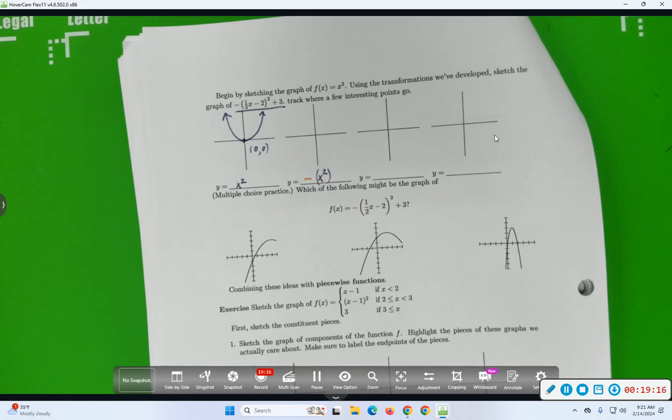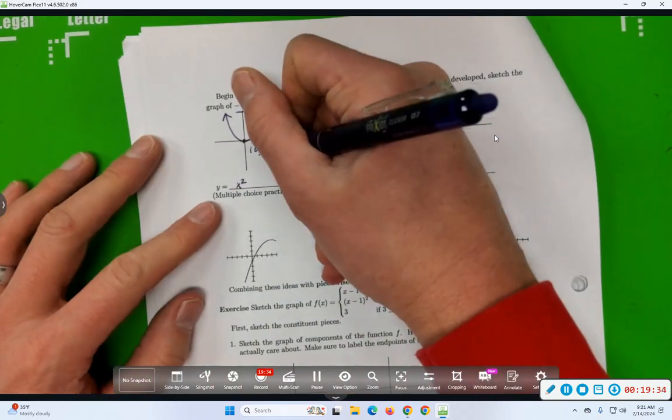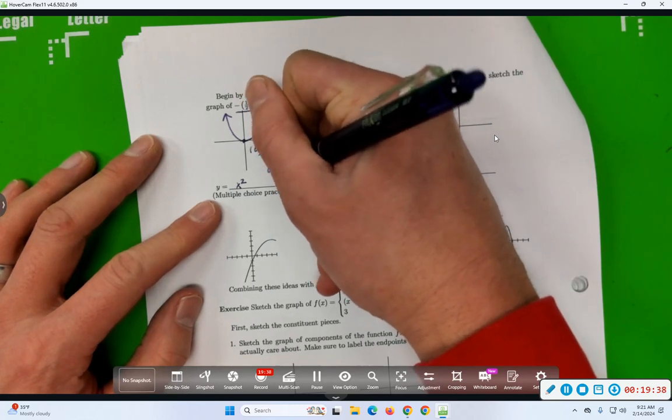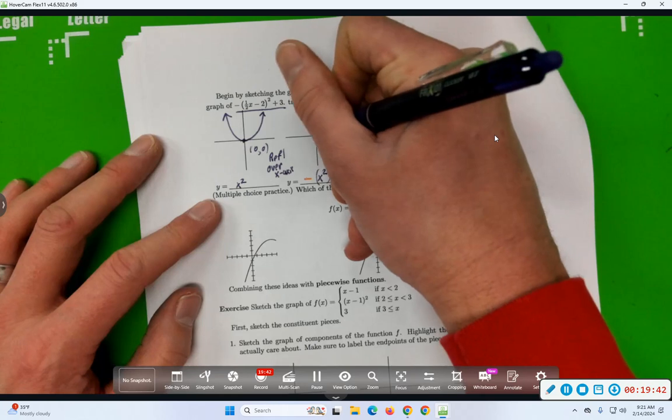What does that do to the graph? Flips it over the x-axis. And in fact, I think you could recover this fact out of the fact with c. We're going to multiply all the y values by -1. So to do that, we reflect over the x-axis. That point is here.